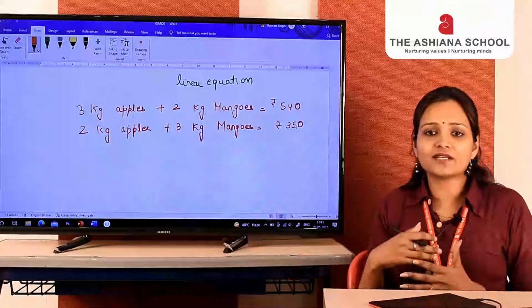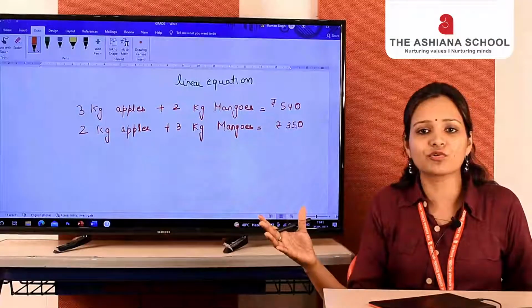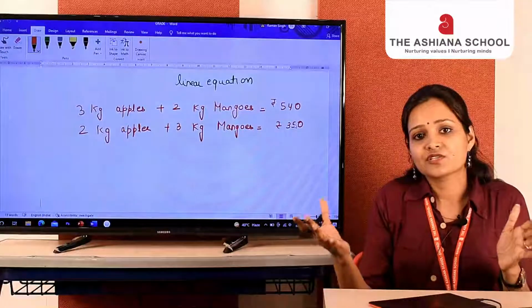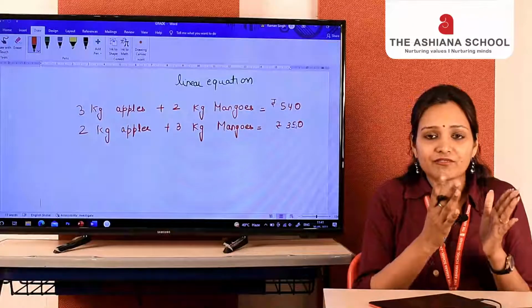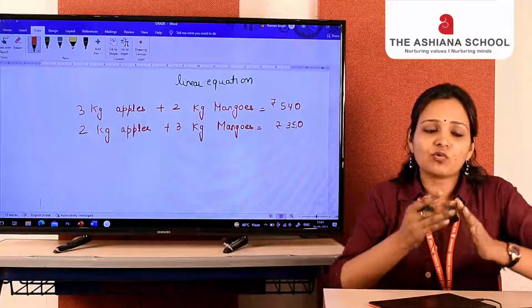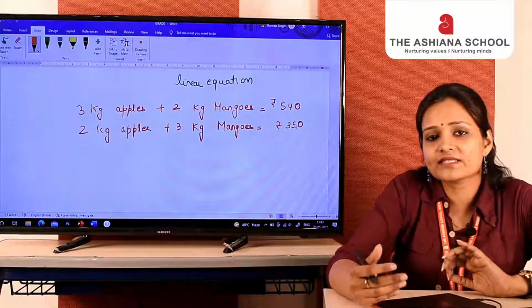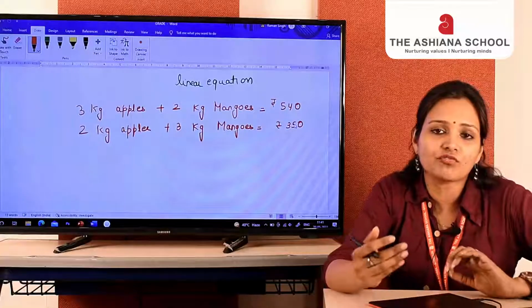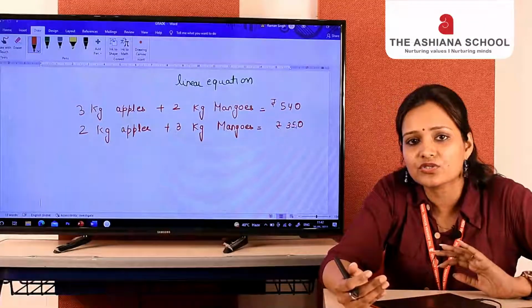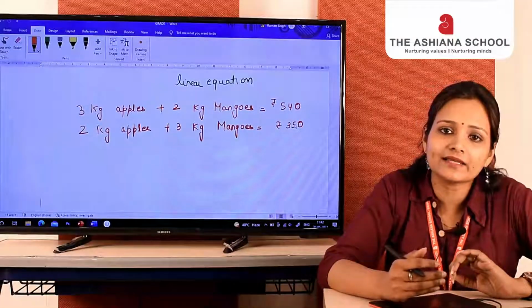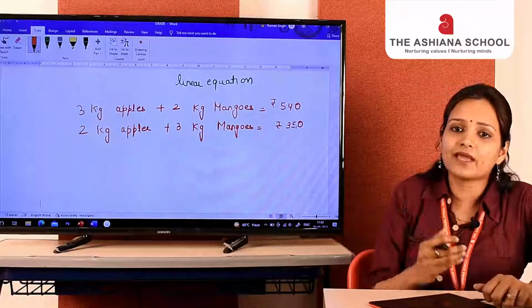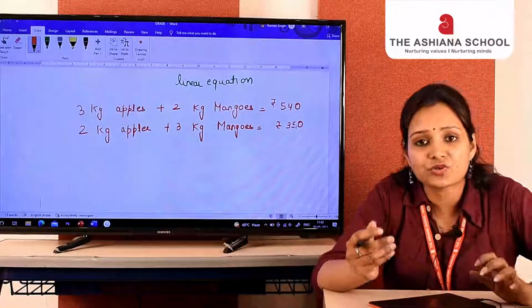Now when father comes home, there are a lot of fruits lying at the home. So when they sit together, your father and mother, if they want to calculate the per kg cost of apple and mangoes, they can calculate it using the topic pair of linear equations in two variables.